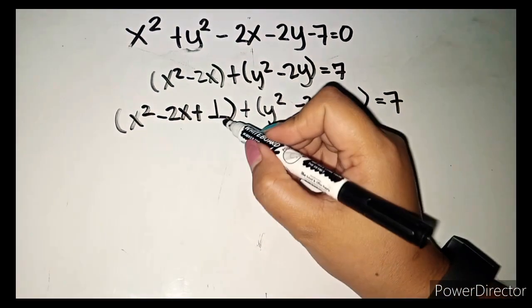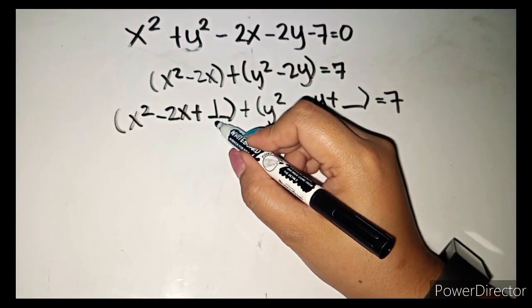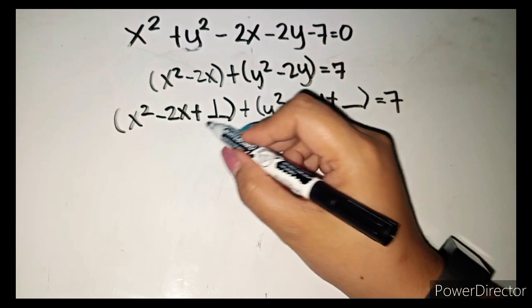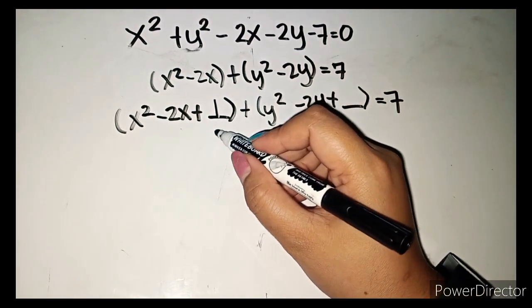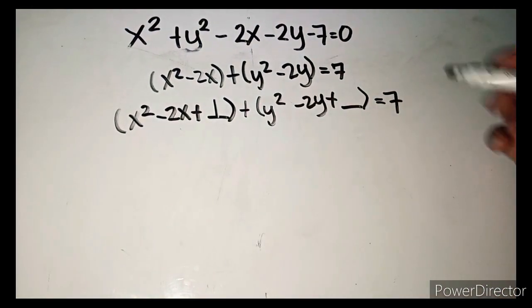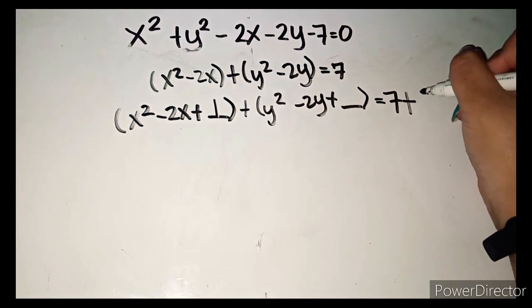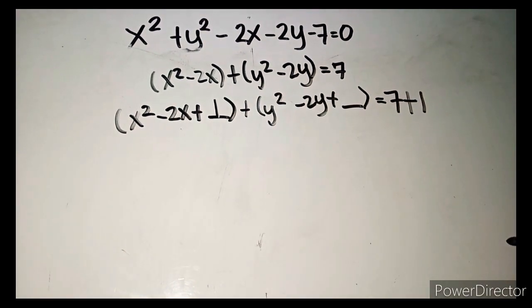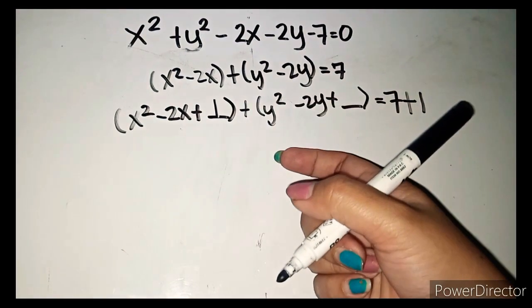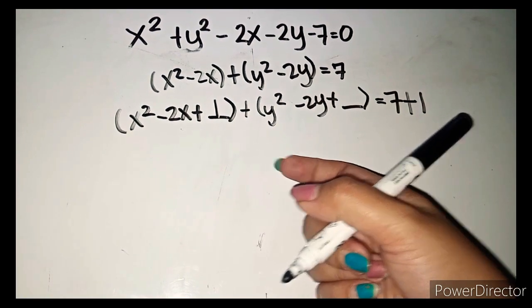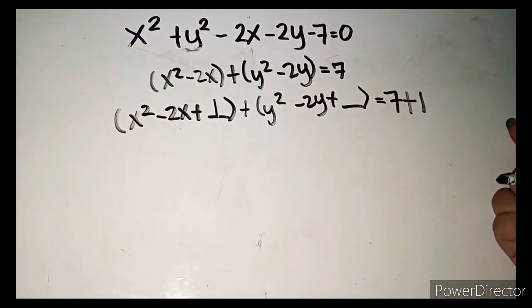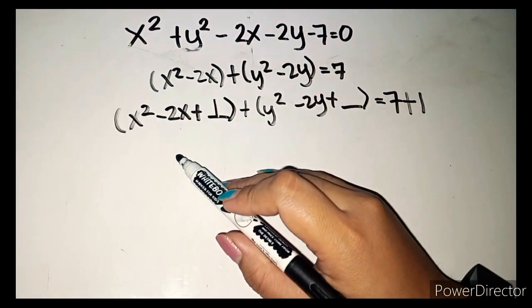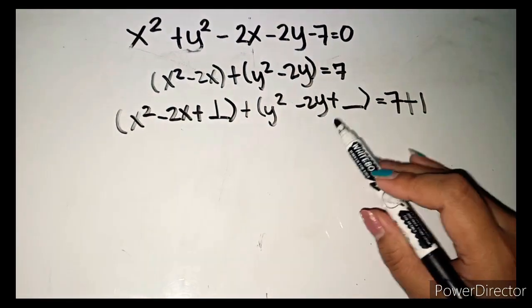Since nagdagdag tayo ng 1 dito sa x natin, dito sa first group, we need to add also 1 outside. Okay? Para maging equal sila. Kasi nagdagdag tayo sa loob ng equal sign, syempre, magdagdag din tayo sa labas. Okay? Next tayo. Kung anong ginawa sa x group, ganun din ang gagawin sa y group.